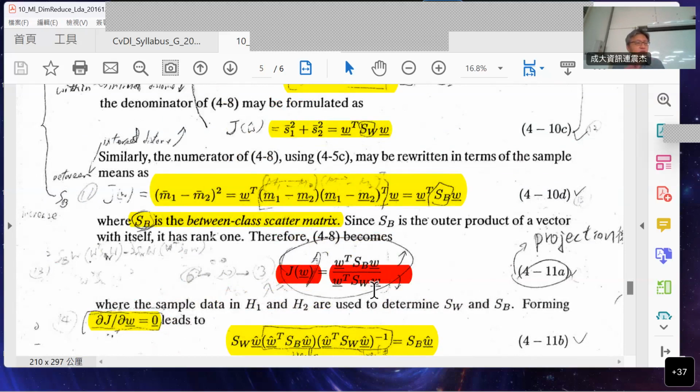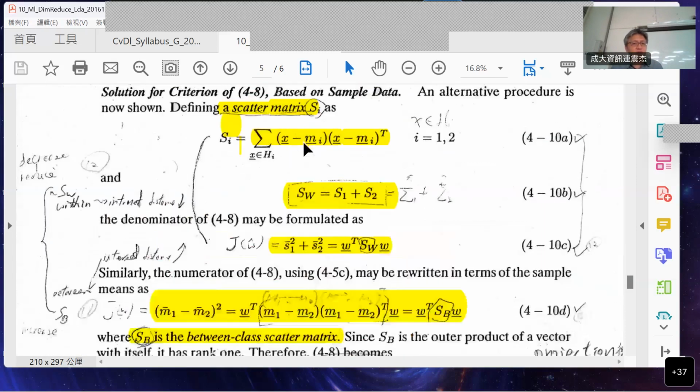So that's within, each one's own within. So each S is a standard deviation. Sorry, a variance. The variance. So the denominator we have a variance 1 and variance 2. So we add them together.